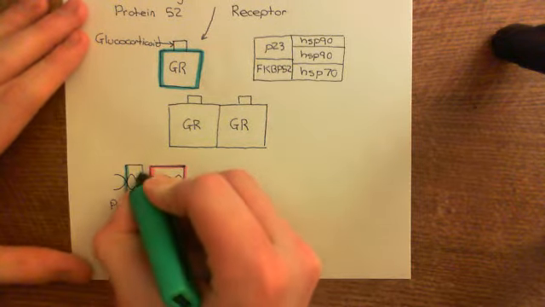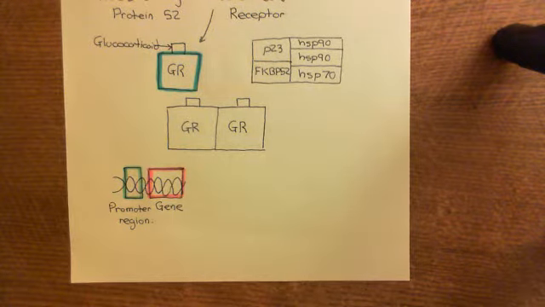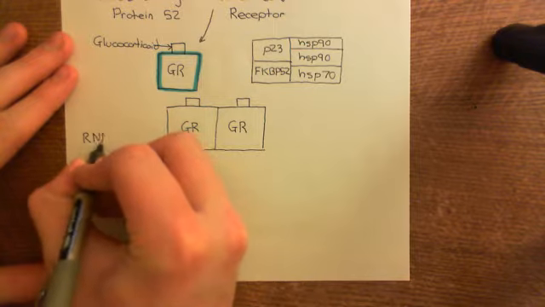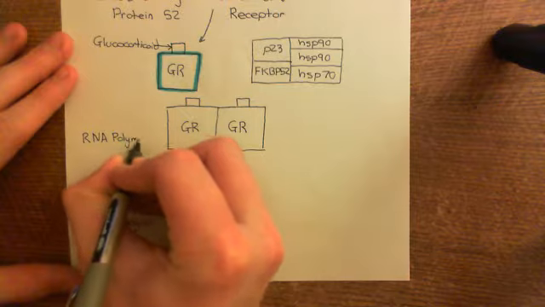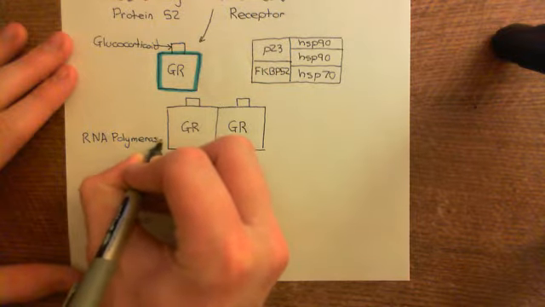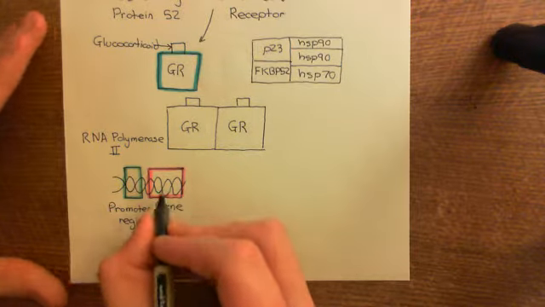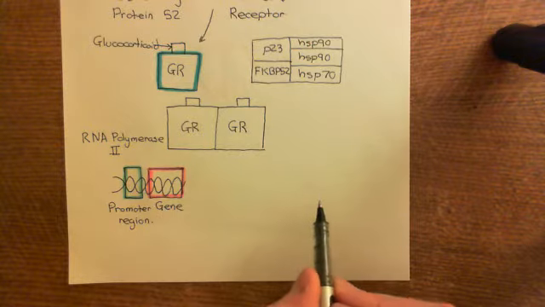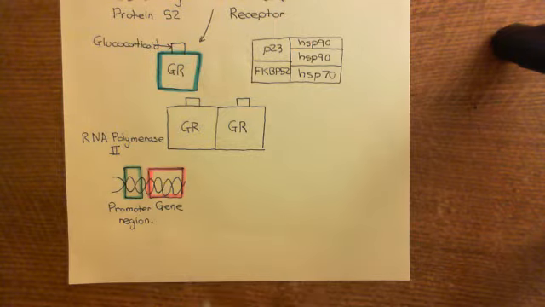The reason it controls the expression of the downstream gene is that the promoter region is where the enzyme RNA polymerase II has to bind. RNA polymerase type 2 will come in and bind to the promoter region, and then it will work its way along the DNA, transcribe the gene into mRNA, and then that mRNA will be translated into protein, and therefore you've produced the protein.